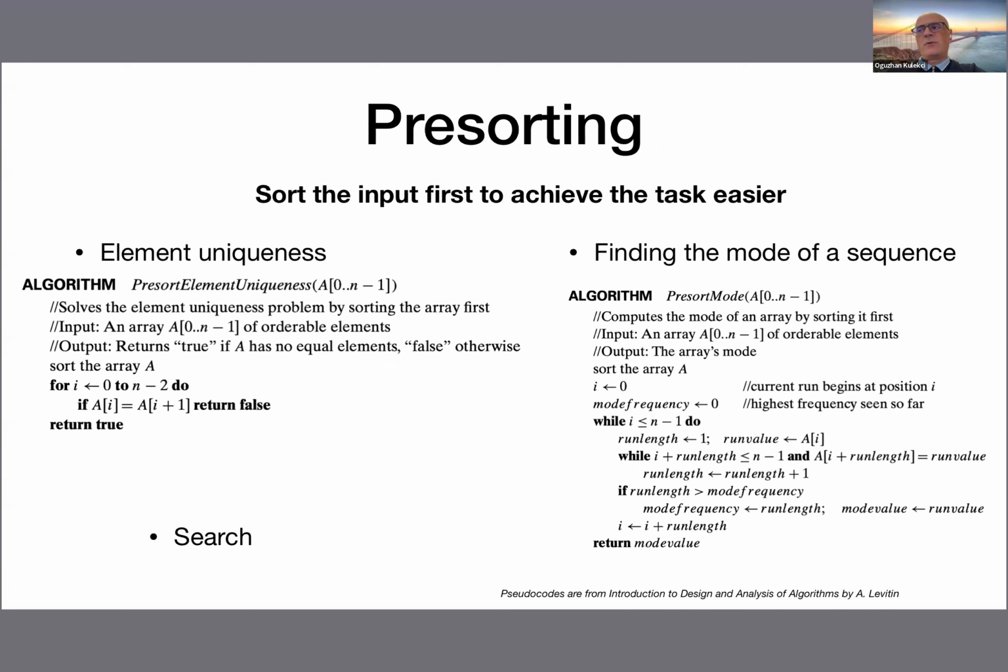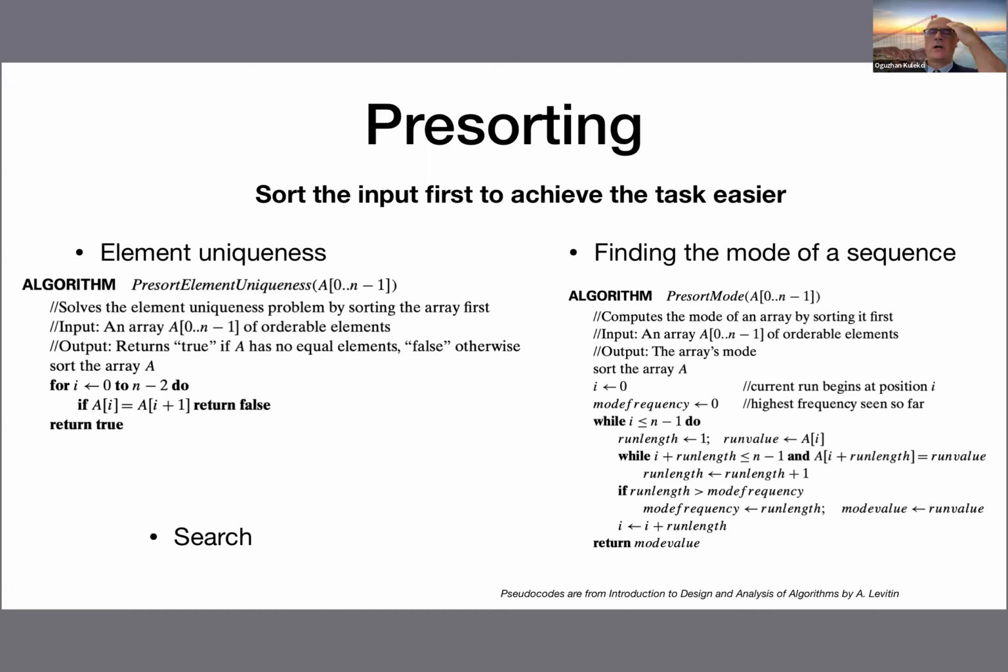The first example for the instance simplification comes with the presorting. So what is presorting? In many of the computational tasks, it is beneficial to first perform a sort on the input and then do whatever you would like to do. So that is called the presorting. That's a very powerful tool.